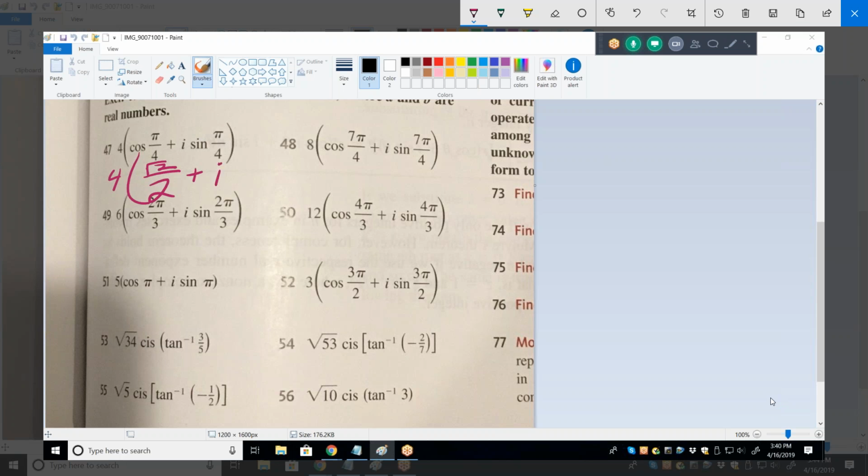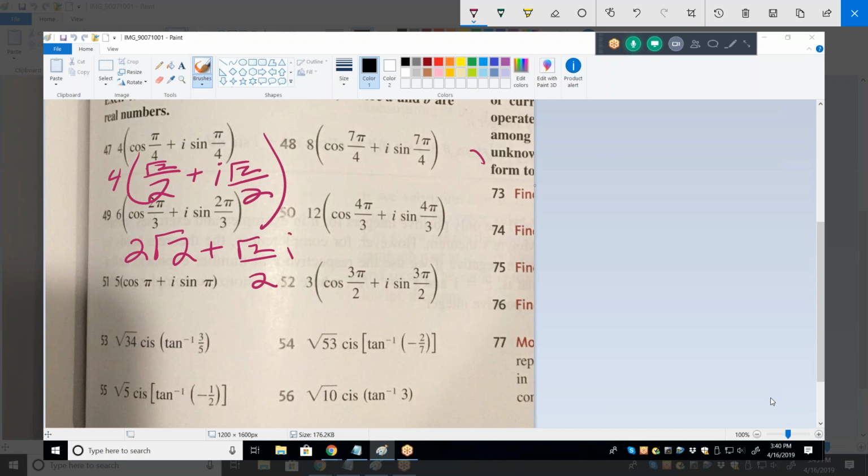What is the sine of pi over 4? Root 2 over 2. Distribute the 4. All right. So we have 2 root 2 plus i 2 root 2. Say it right: 2 root 2 i.